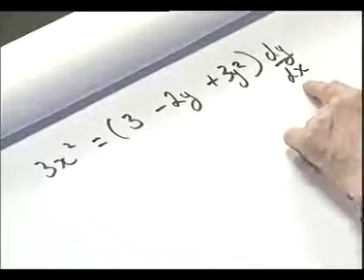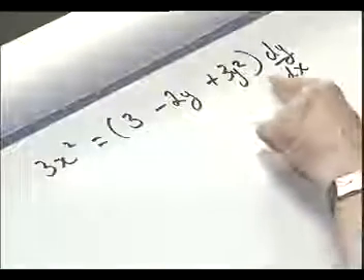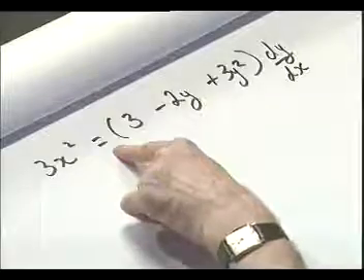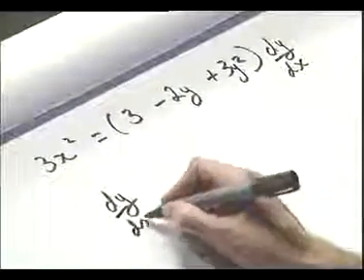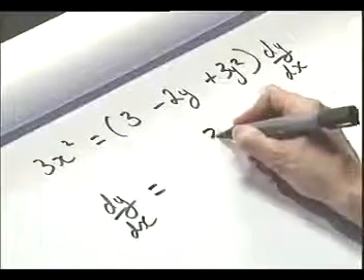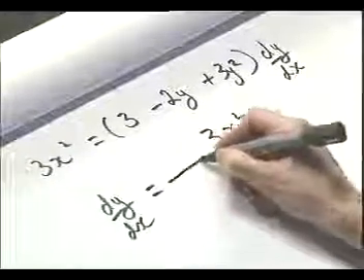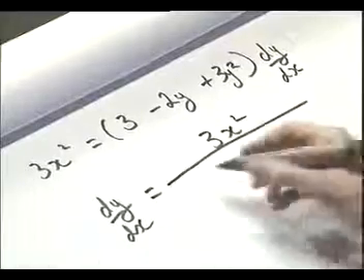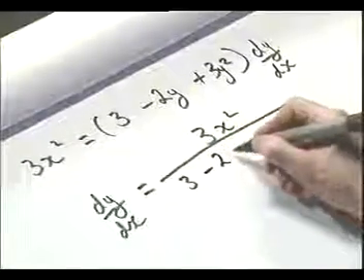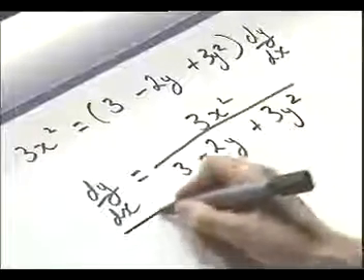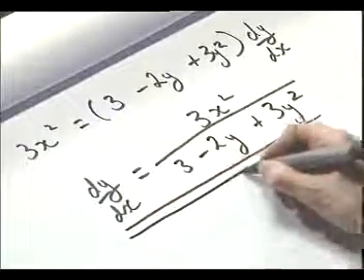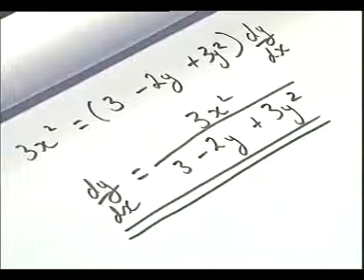Now we can get dy by dx on its own if we divide throughout by this expression. And so dy by dx is equal to 3x squared, dividing both sides by 3 minus 2y plus 3y squared. And there we've got our expression for dy by dx.